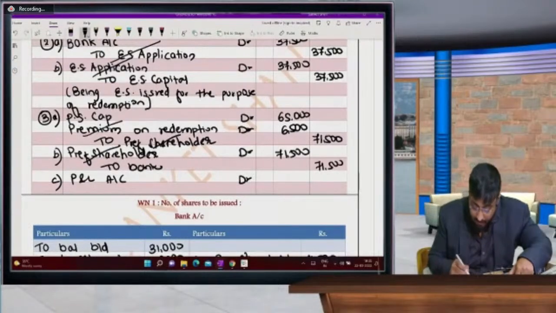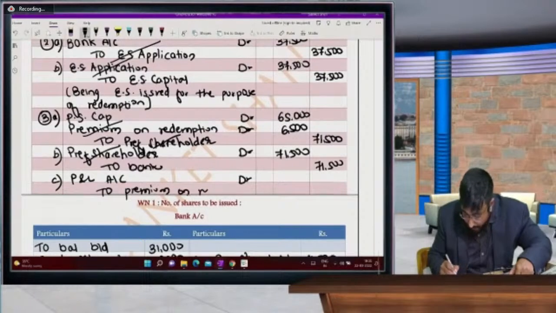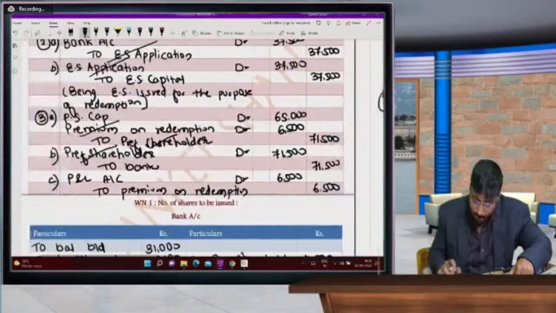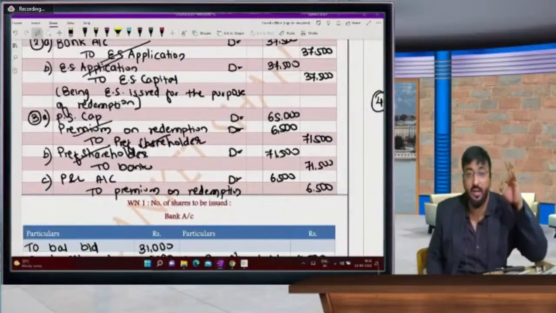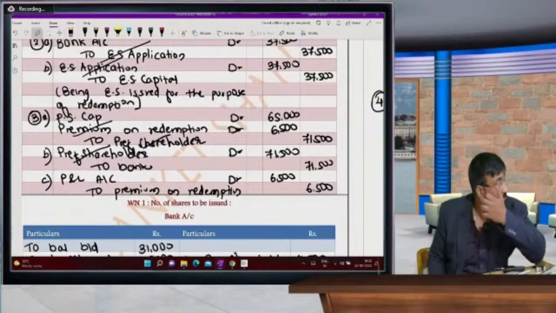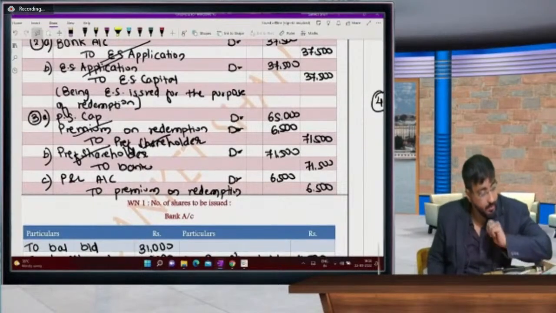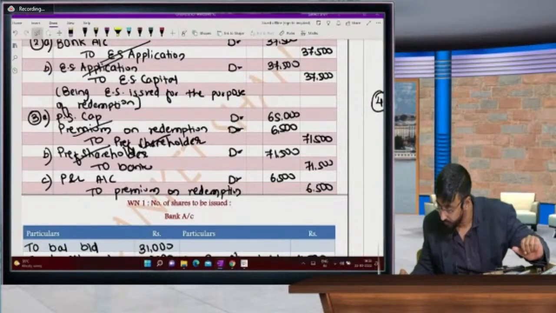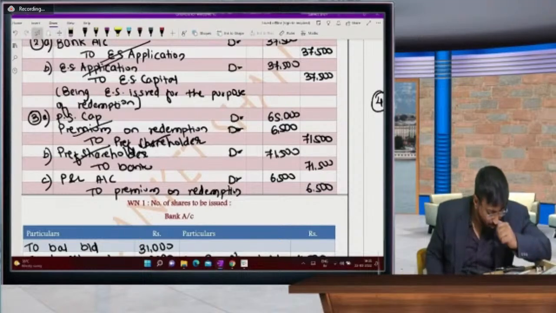Now see, this premium is going to cancel, to premium on redemption. Four. Now better diagram. So 3 entries we have completed for third one. Can we pass directly bank account debit to equity share capital? Yes, you can pass. No problem.